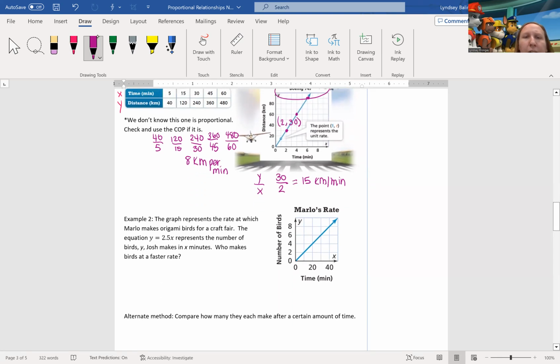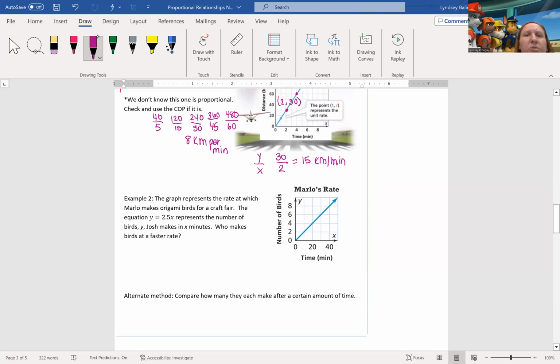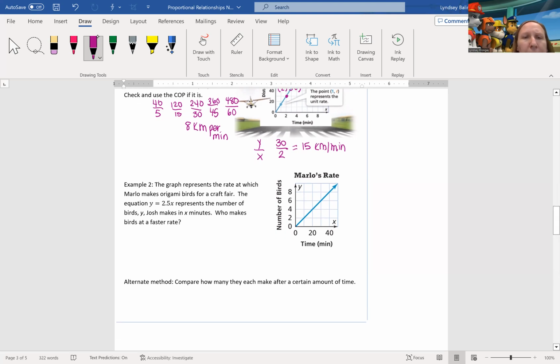Example 2: we have a graph representing the rate at which Marlo makes origami birds for a craft fair. The equation y equals 2.5x represents the number of birds y Josh makes in x minutes. Who makes birds at a faster rate? Well, if we look at the equation, we have y equals 2.5x, and this is for Josh.